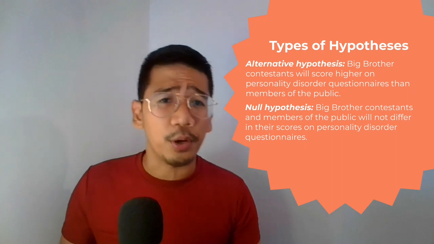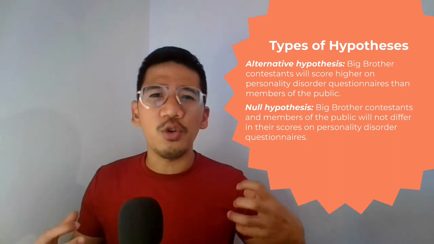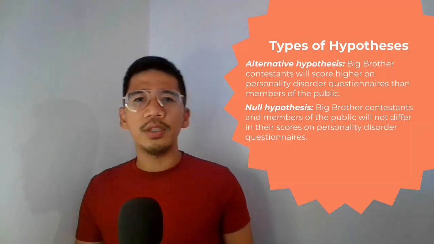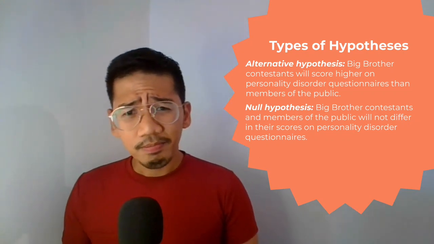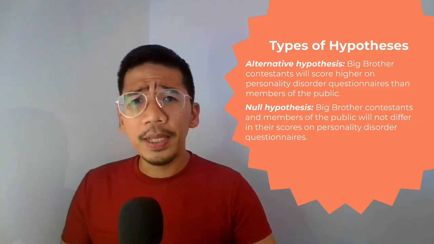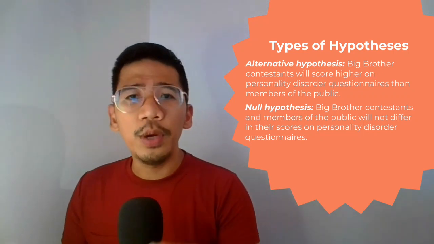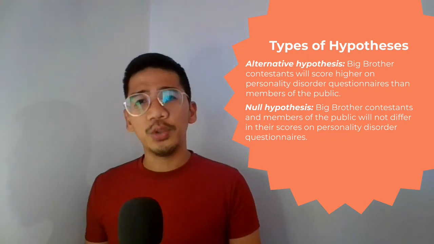It merely supports it. So, rather than talking about accepting or rejecting a hypothesis, which some textbooks or some professors tell you to do, we should be talking about the chances of obtaining the data we've collected, assuming that the null hypothesis is true.